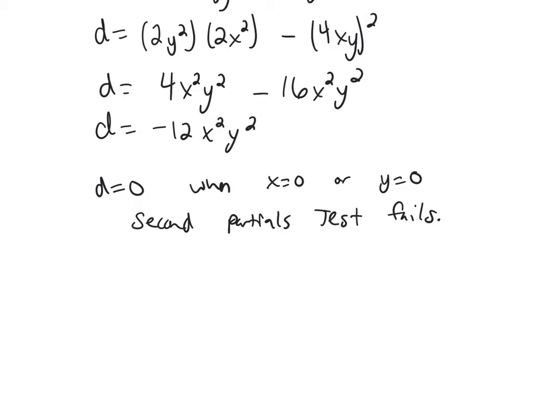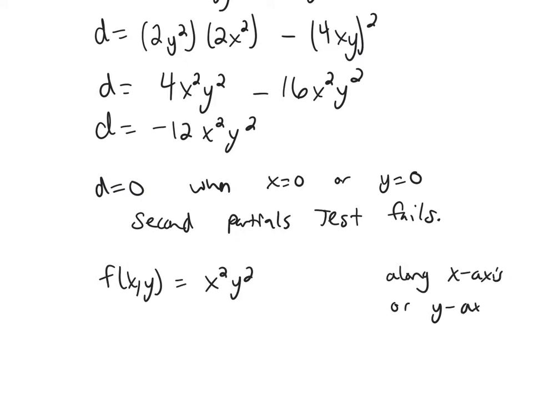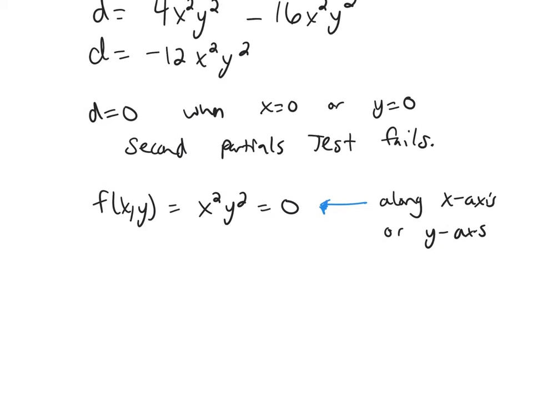Well, what we're going to do is look at our function, x squared y squared. If I look along the x-axis or the y-axis, this function is going to be 0 because either x is 0 or y is 0.